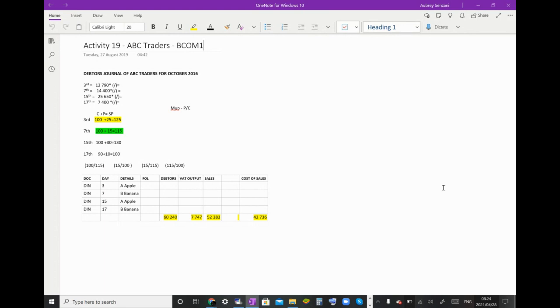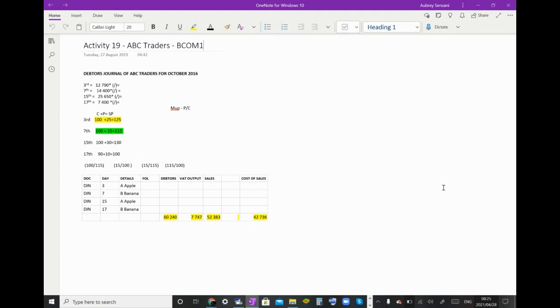Exercise 19. You are the bookkeeper of ABC Traders. The business is a registered VAT vendor and trades only with registered VAT vendors. VAT is charged on all sales, okay? Remember I said, wherever you see 14% in this Workpack, just imagine that you are seeing 15%, because your tests, exams, everything will be on 15%.